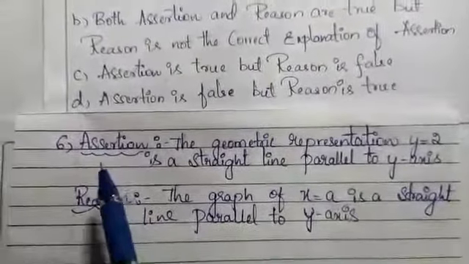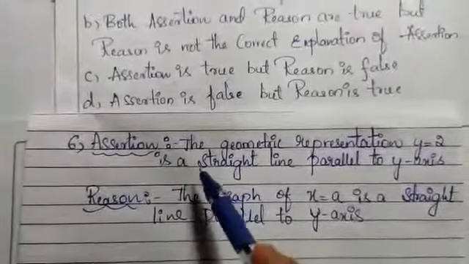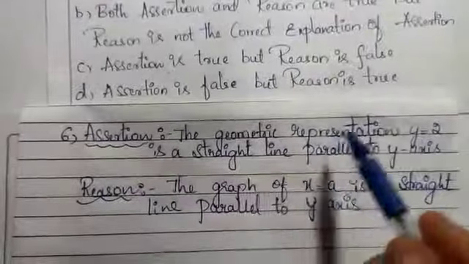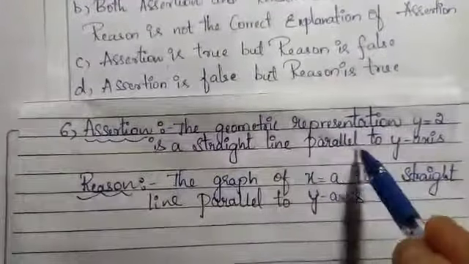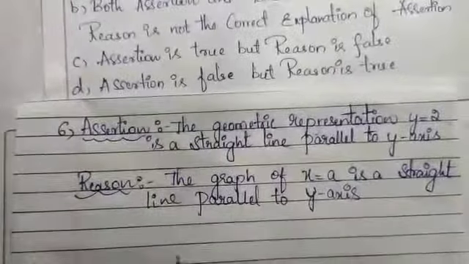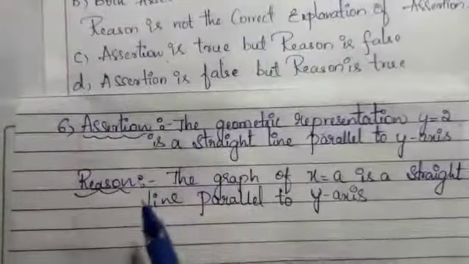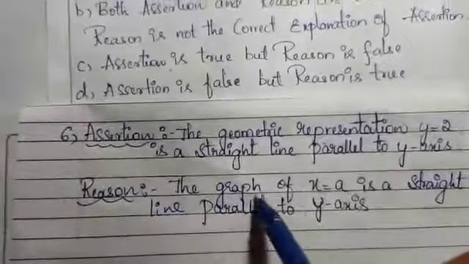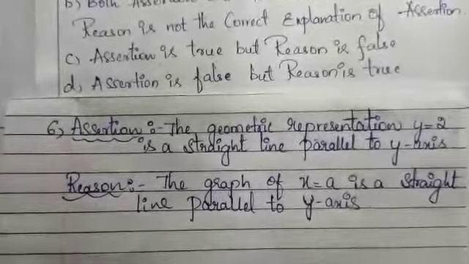So let me go with one of the questions here. Assertion, a statement is given. The geometric representation y equals 2 is a straight line parallel to the y-axis, they have given. That is the statement here. In accordance with the statement, the reason is the graph of x equals a is a straight line parallel to the y-axis, they have given.